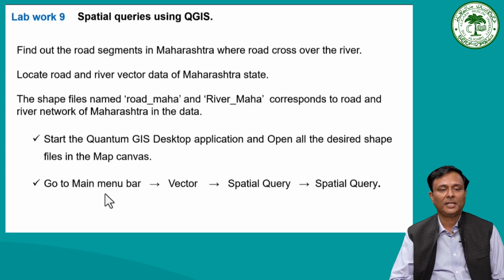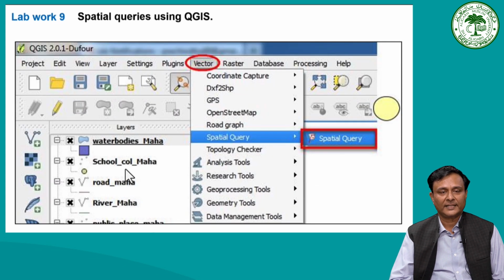So we will go to the main menu bar, go to Vector, and within the menu there we would click on Spatial Query. When the drop down menu comes, we have to click on it, something like this.